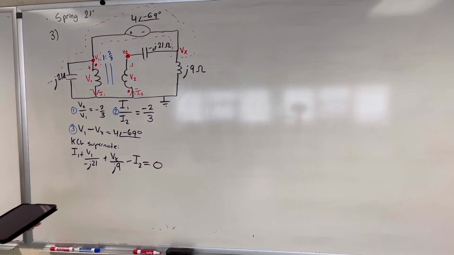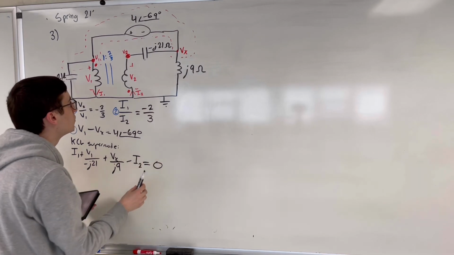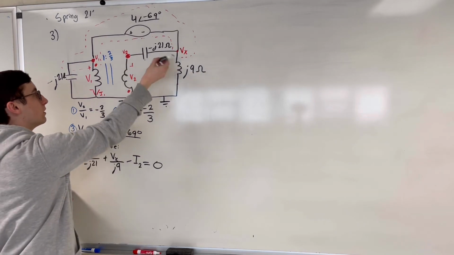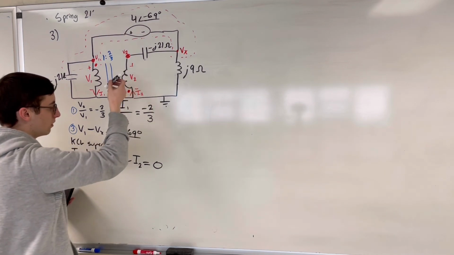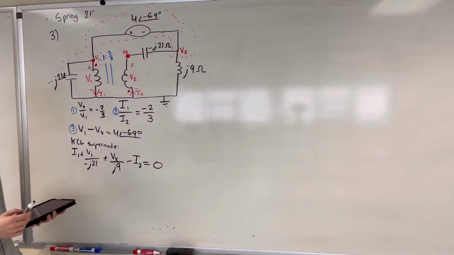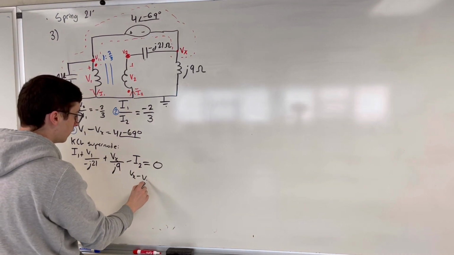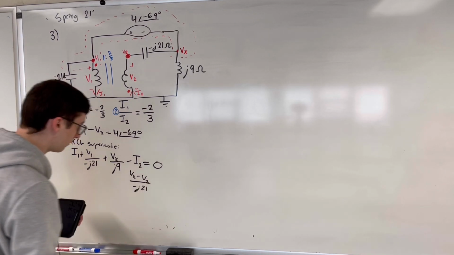Instead of a voltage term, it'd just be better to use I2 because we already have this current defined. Since this is series components, I2 is going to be the same throughout this entire series right here. So might as well just use I2 there because we don't really care about being extremely exact. You can do Vx minus V2 over negative j21.